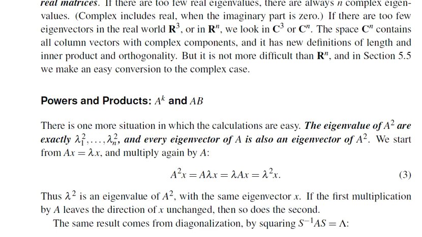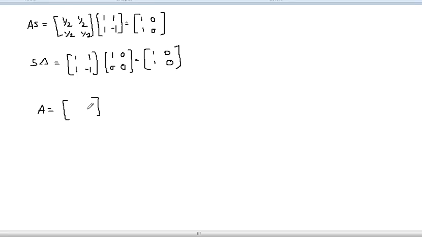Means if A is our matrix, and the eigenvalues of A are lambda 1, lambda 2, lambda 3, etc. Let's think that A is some 2 by 2 matrix, and lambda 1 and lambda 2 are its eigenvalues. Then the A square matrix will have lambda 1 square and lambda 2 square as its eigenvalues.